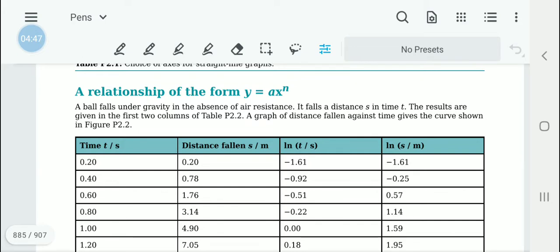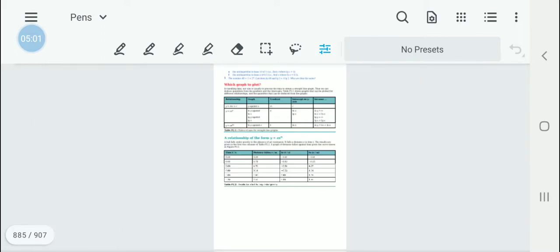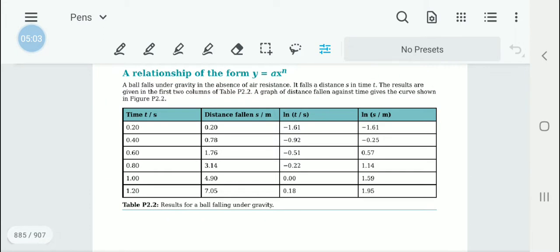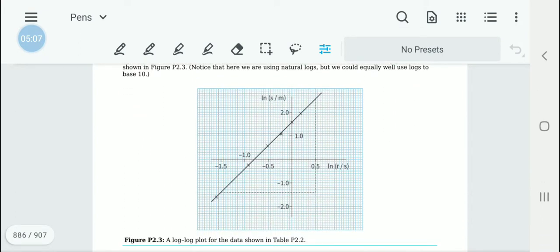Time is in seconds, and the displacement s is in meters. So when we obtain the natural logarithms of these values, we can see that it gives us a straight line graph.